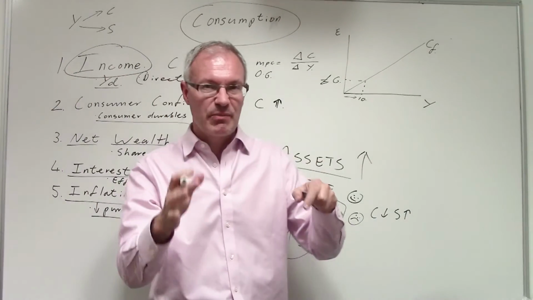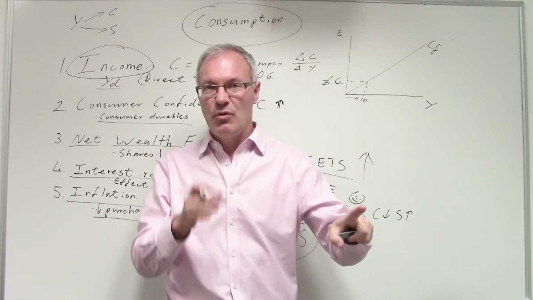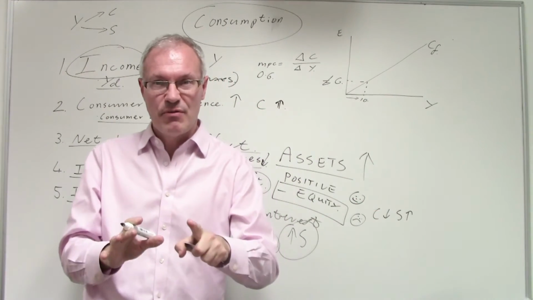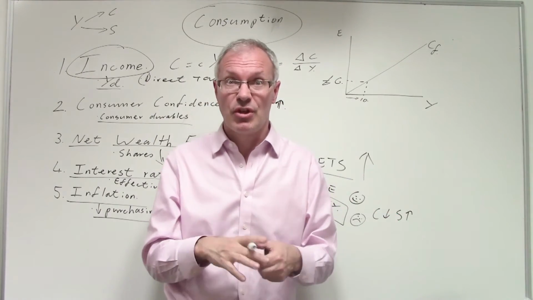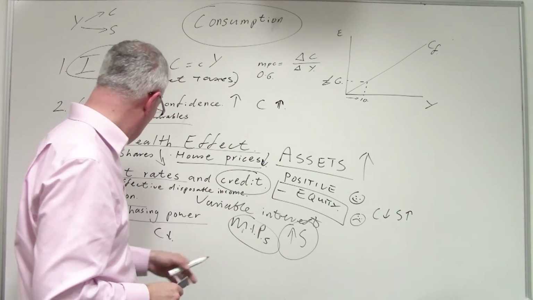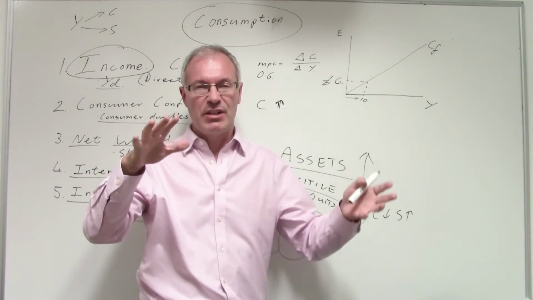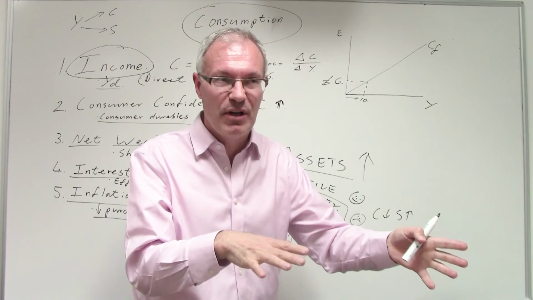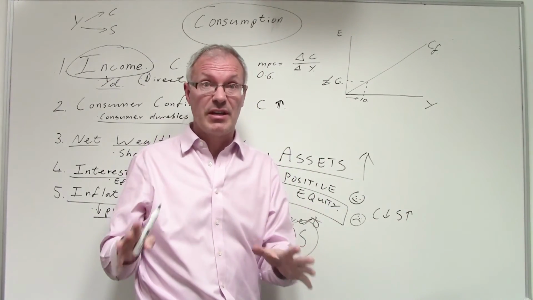However, if you expect inflation to occur in the future, what will you do? You will maybe purchase now rather than pay more for the product in the future. Not wanting to complicate things, but deflation does the opposite. If you're expecting a fall in the average price level, you will tend to buy in the future and put off buying today.